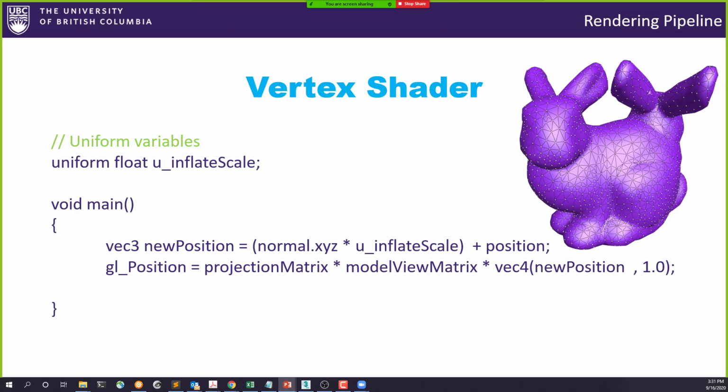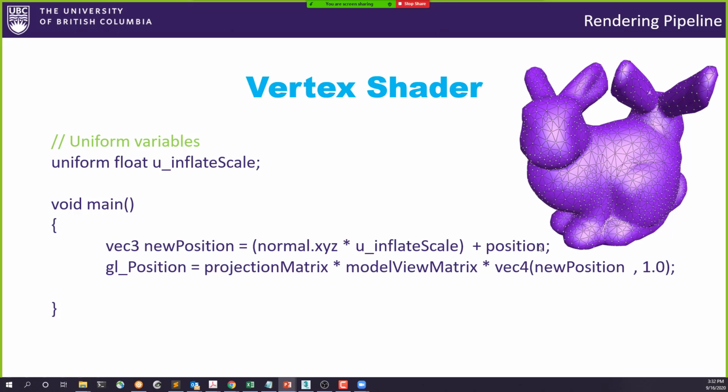So normals are unit vectors that define a direction, the direction that is orthogonal to the surface of the bunny. If I multiply the normal times a scalar, I'm just scaling that vector. But because it's a vector, I just need to add it to the original position of the vertex, and this gives a new position for the vertex, right?